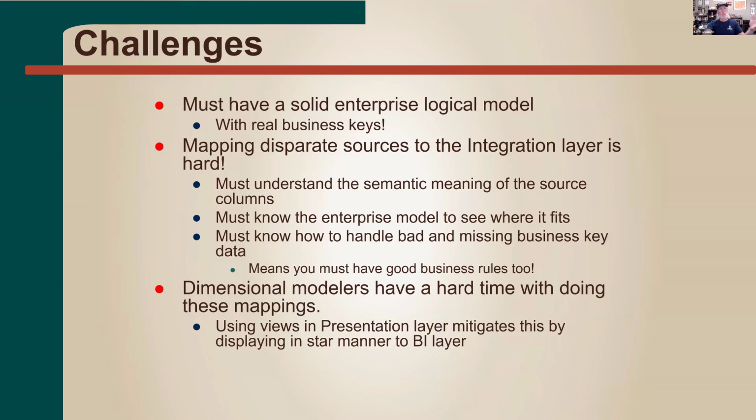Mapping the disparate sources to an integration layer, and this is true of Data Vault, is hard. If people do not have an understanding of the semantic meaning of the data in the source systems, they're not going to get it right. We constantly had people who were supposedly helping us with the ETL coming back and saying they couldn't find the business keys. We needed to change the domain.